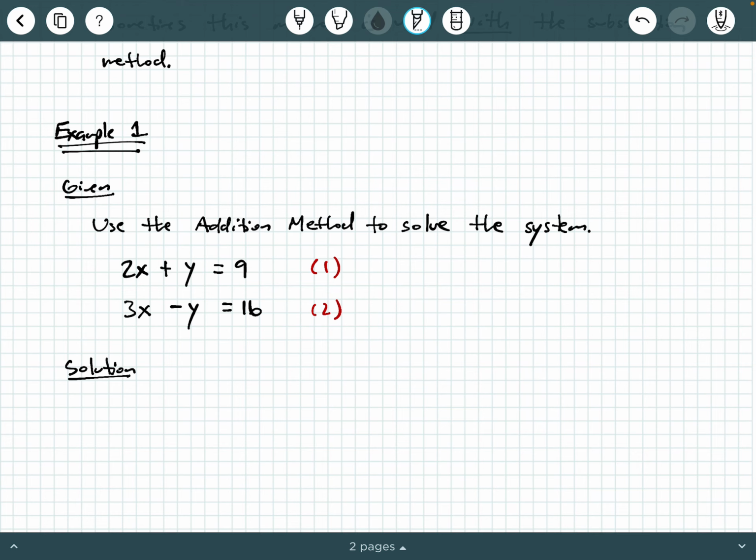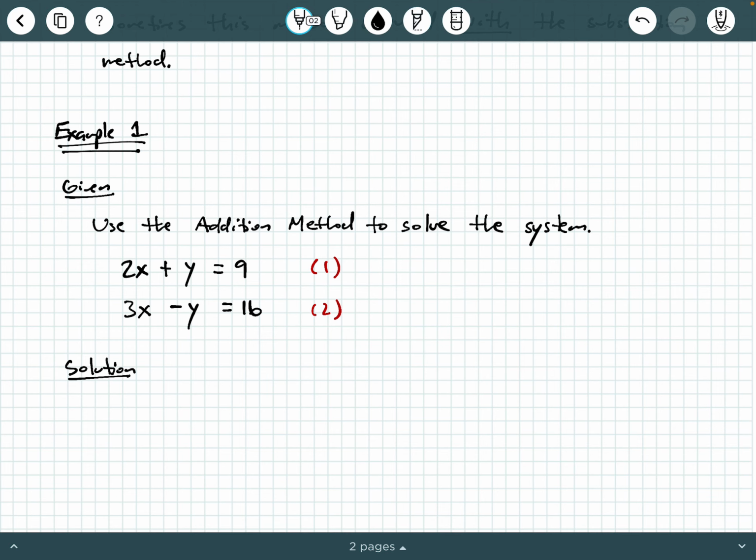At first glance, you may notice we can directly add these equations together to create a convenient cancellation of y. So this happens to be a pretty easy first example.